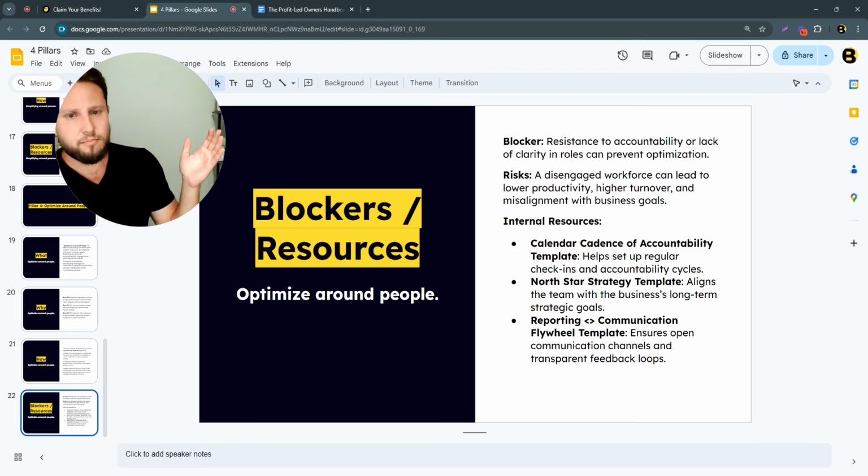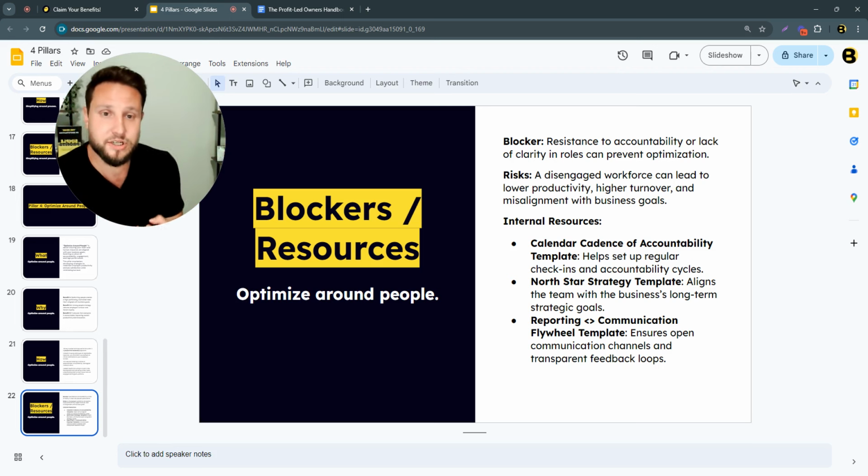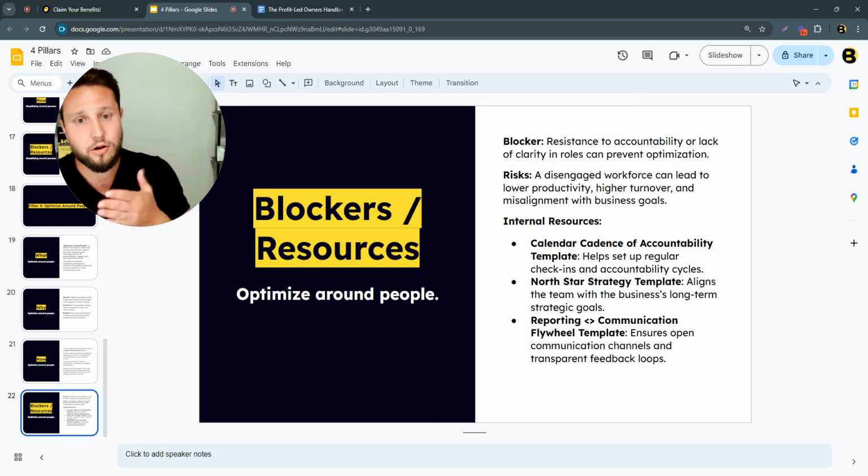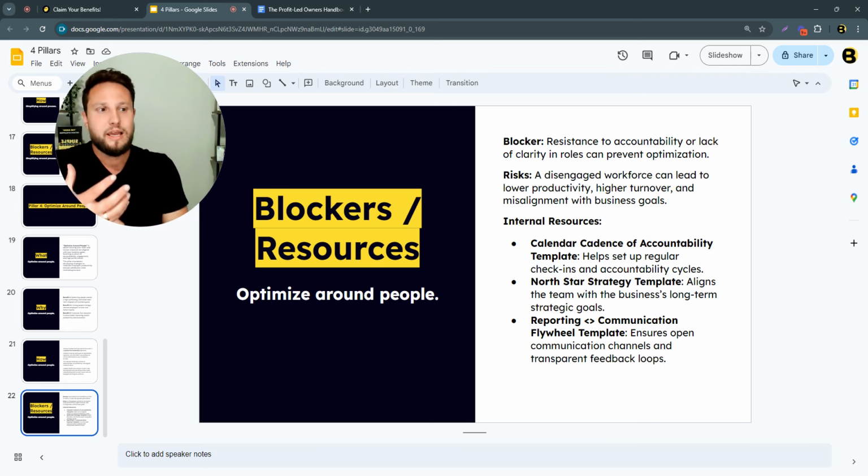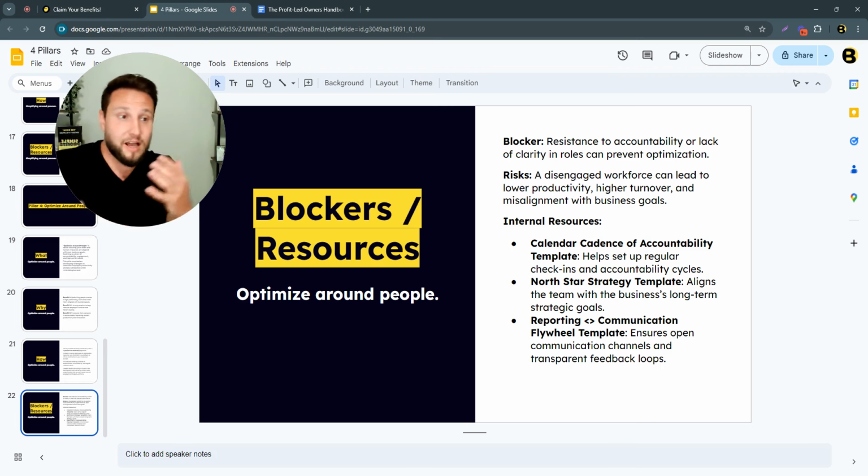In terms of blockers here, it typically comes down to the friction of accountability. Folks don't necessarily like to be called on their, what, right? So having a culture of accountability is the hardest thing to ultimately adopt, because it sometimes feels the least comfortable. But when you do, it starts to have this flywheel effect.